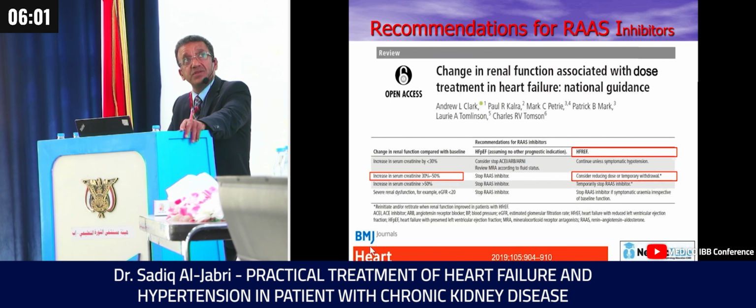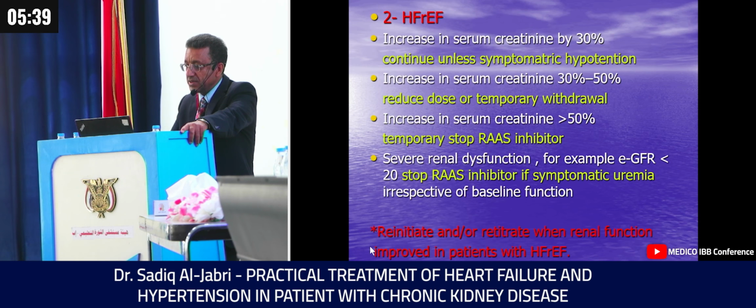And we have some recommendations for the RASI inhibitors among CKD patients and heart failure patients. We start with heart failure with preserved ejection fraction. We give the RASI inhibitors and the ARNIs, but in case of an increase in serum creatinine by 30%, we have to stop and avoid RASI and ARNIs.